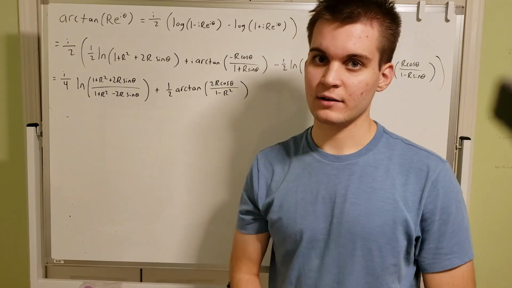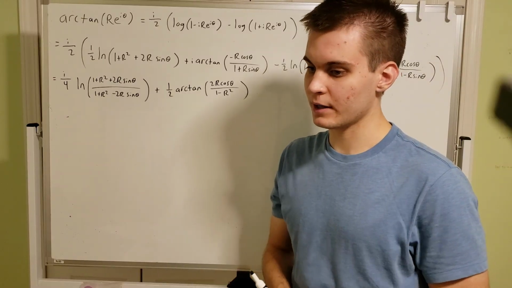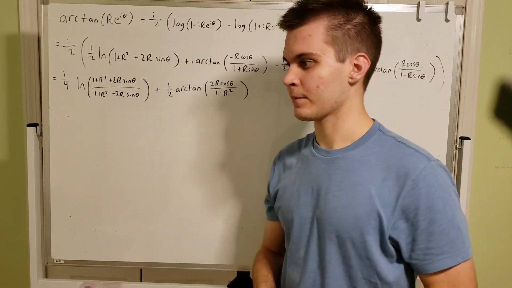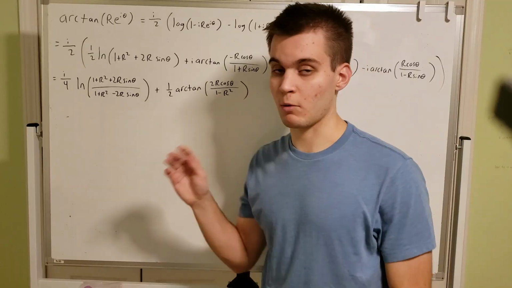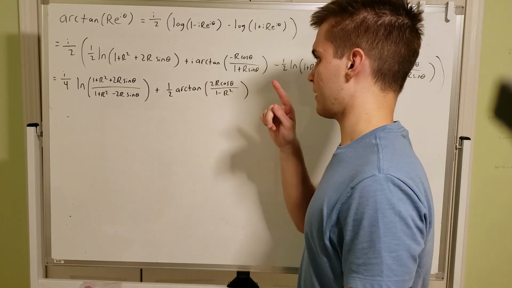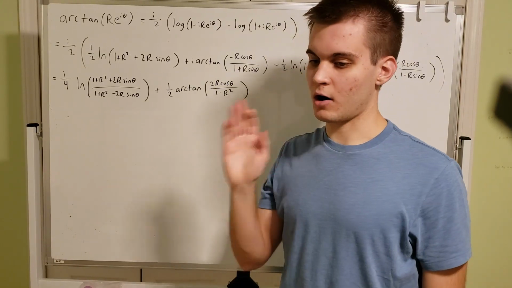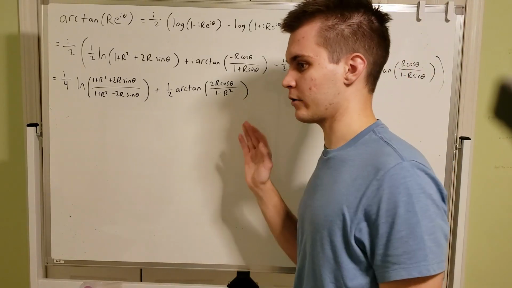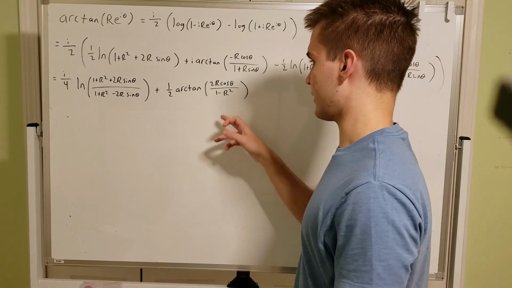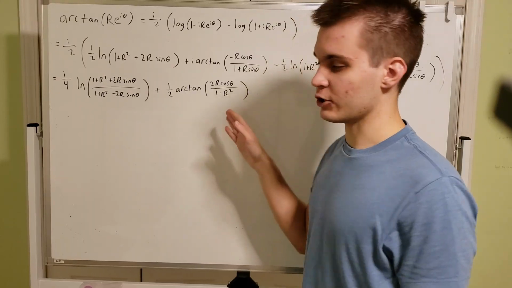This isn't really relevant to what I'm going to be doing, but it's still useful to think about, because obviously this is discontinuous. What I want you to take away from this is that we have to treat the cases where r is less than 1 and where r is greater than 1 separately, because we know there is an issue at r equals 1.